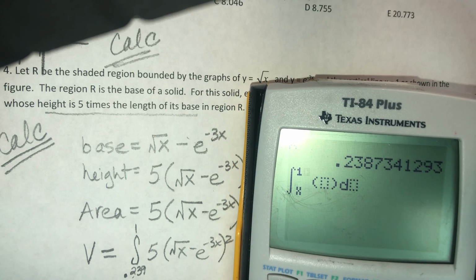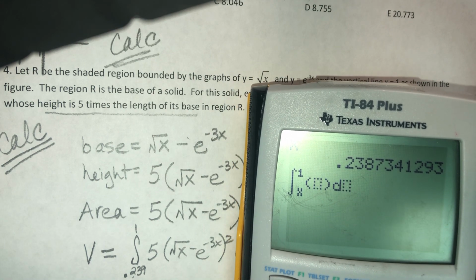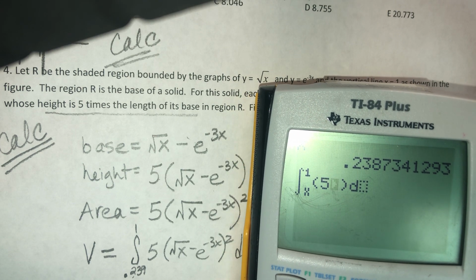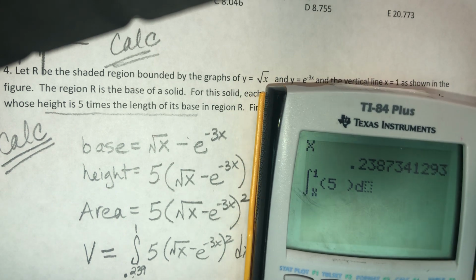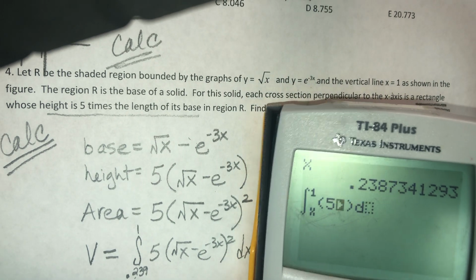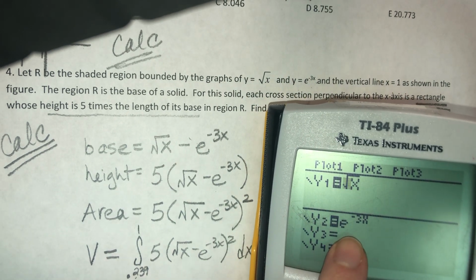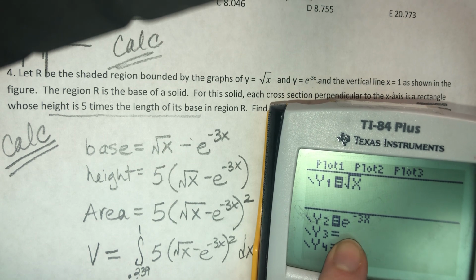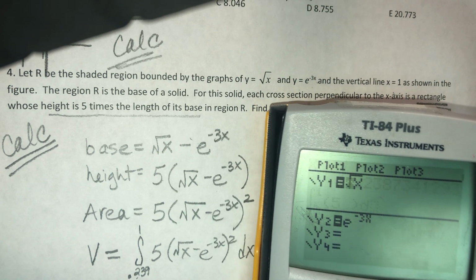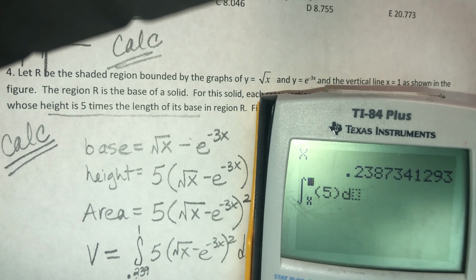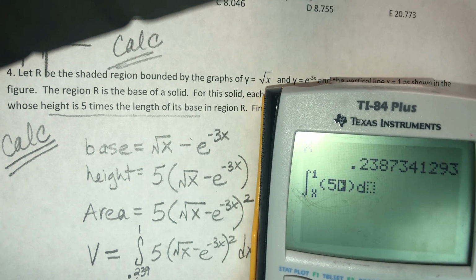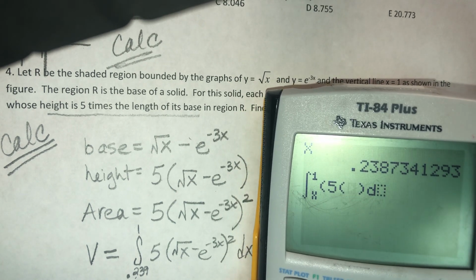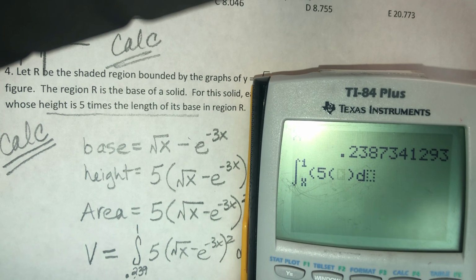Upper limit 1, and now I'm going to go 5 times. I could actually, because in my y equals, I still have the square root of x and I have e to the negative 3x. I know these aren't very lengthy functions, but I can just pull those in from that graph menu since I already typed them once.